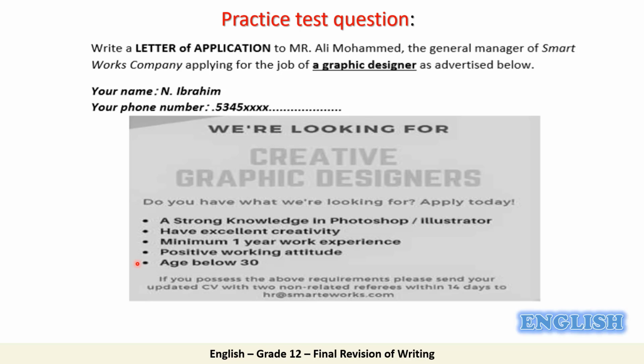The applicant should have a strong knowledge in Photoshop or Illustrator. He should have excellent creativity with minimum 1 year work experience. He should have positive working attitude, and the age is below 30. Enclose updated CV with 2 non-related referees. So they want 2 references from 2 different employers.